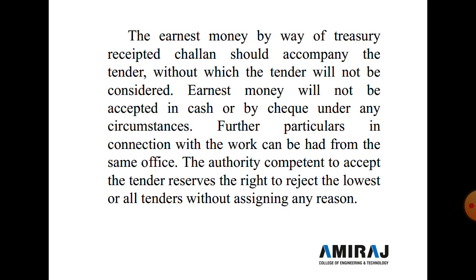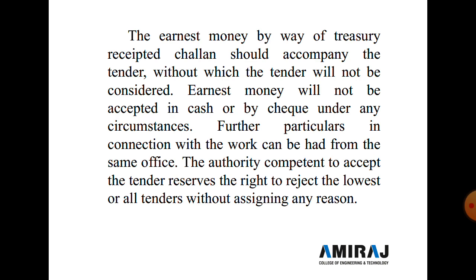The earnest money by way of treasury receipt challan should accompany the tender, without which the tender will not be considered, and earnest money will not be accepted in cash or by check under any circumstances.